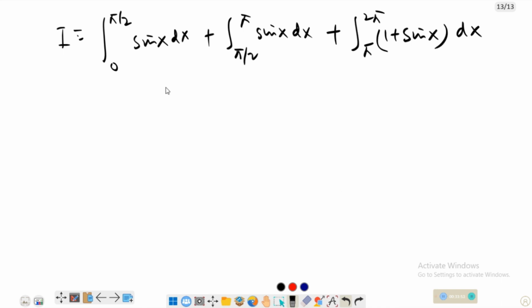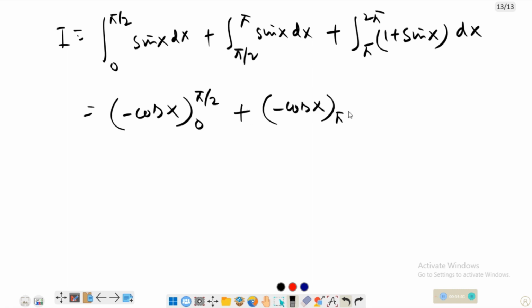So this integral is minus cos x from 0 to pi by 2, and this is also minus cos x from pi by 2 to pi, and this is x minus cos x from pi to 2 pi. So this is minus cos pi by 2, cos pi by 2 is equal to 0, and minus cos 0 is equal to minus 1, so this quantity is 1.